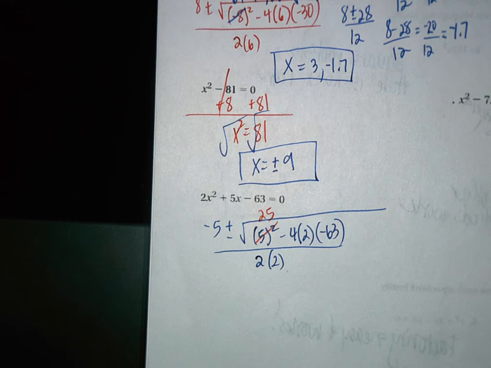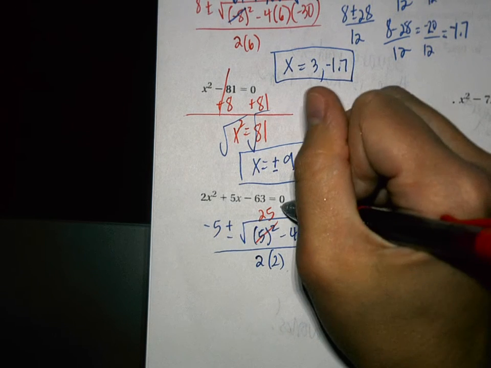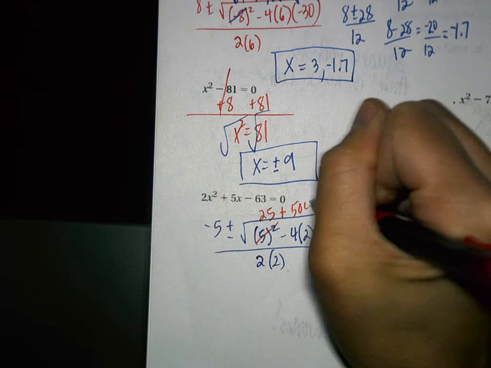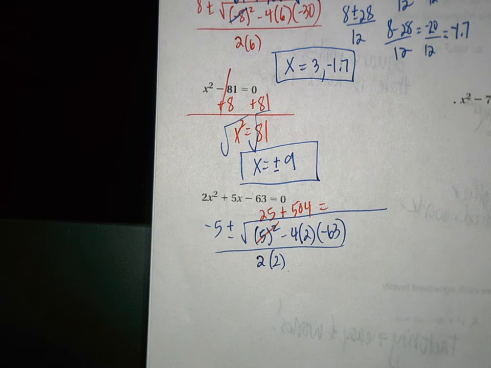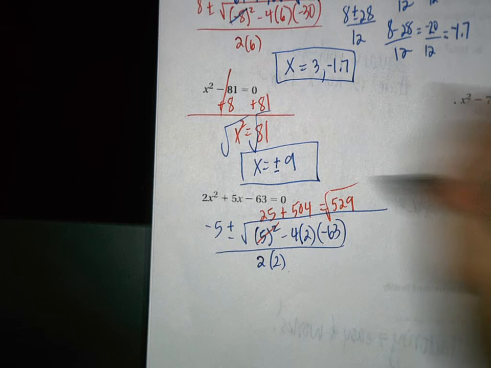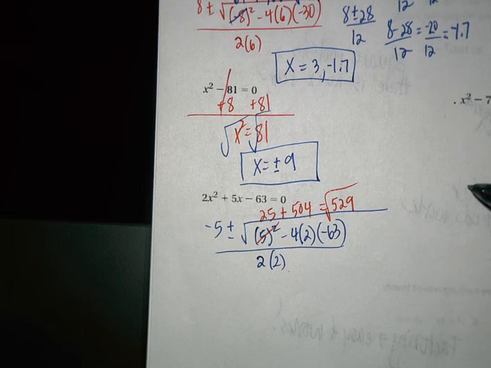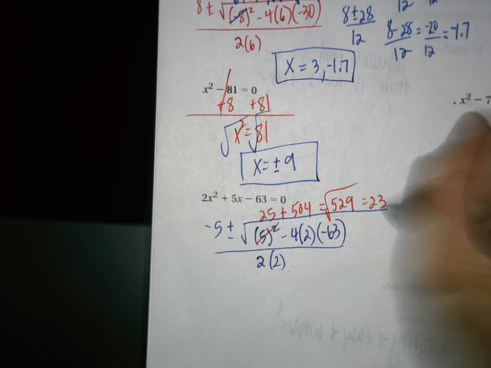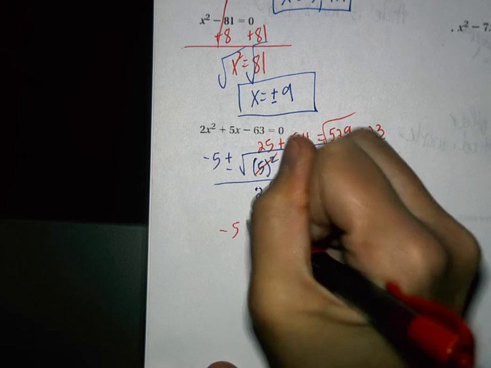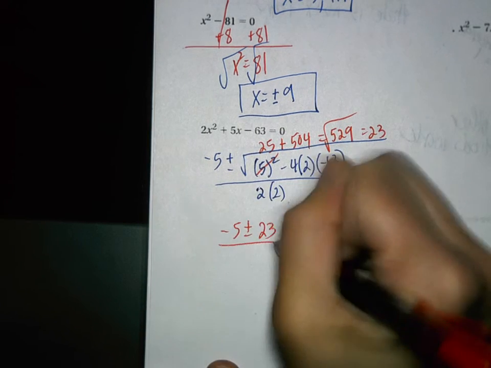Okay, negative 4 times 2 is negative 8, and negative 8 times negative 63 is? 504. Good. We add those together and we get 529. Good. And the square root of 529 is 23. So, we get negative 5 plus or minus 23 all over 4.